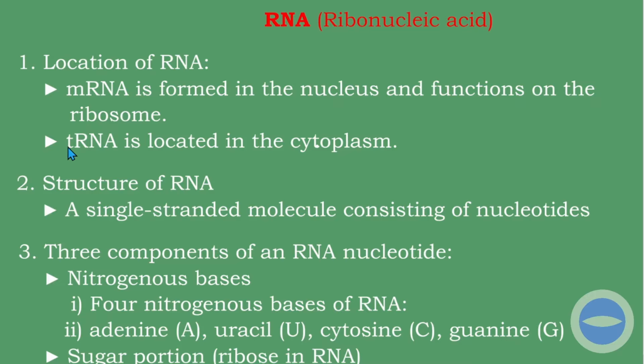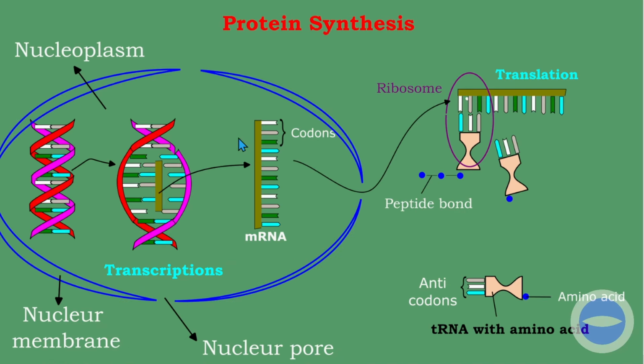And then we have tRNA, which is located in the cytoplasm. Let me show you this sketch. In this sketch, this is a nucleus, and this space is the cytoplasm. An mRNA is formed in the nucleus.